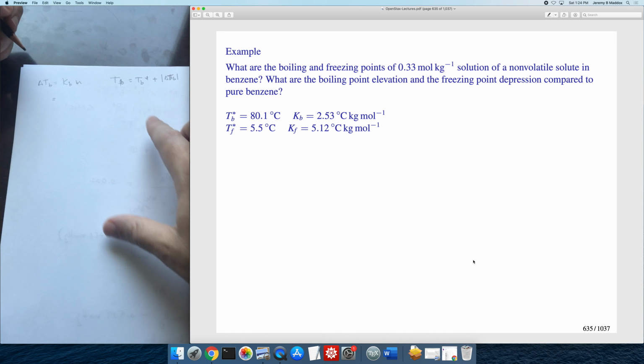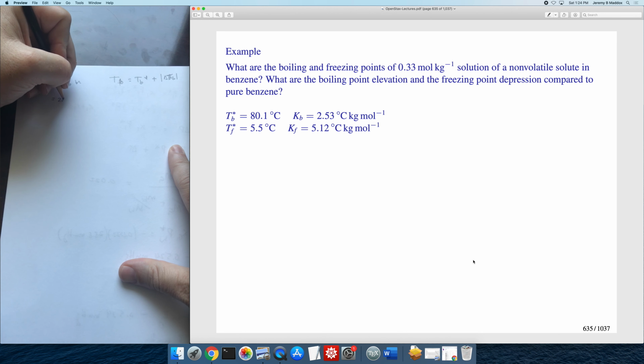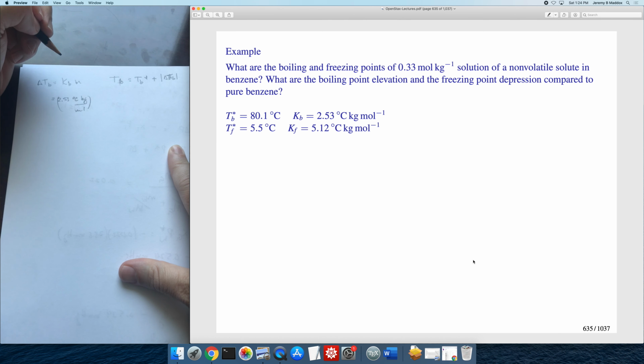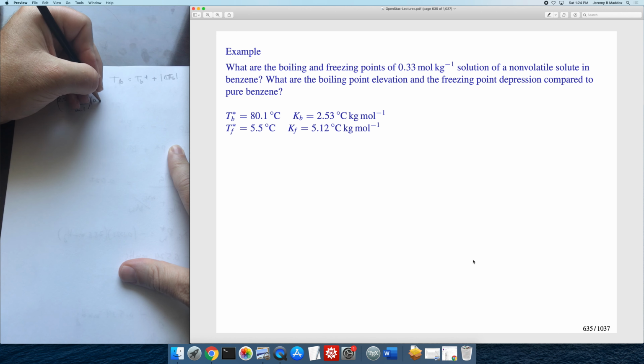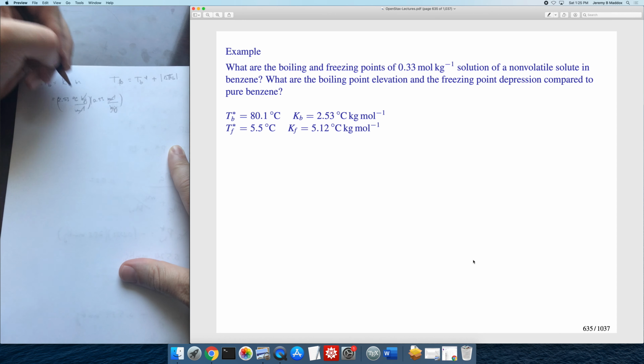And so we can calculate this. We'll take the 2.53, that's degrees Celsius kilograms per mole, and we multiply it by the molality, 0.33 moles per kilogram. We see that those cancel out.